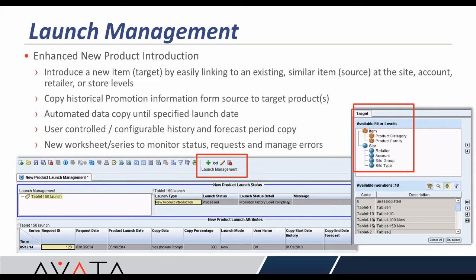You can release new products to a store or item-store combination. You can introduce a new store altogether. So things like that. And you can also not only copy over shipment and historical data from your source, you can also bring over promotion history. You know, those of you in the PTP world.